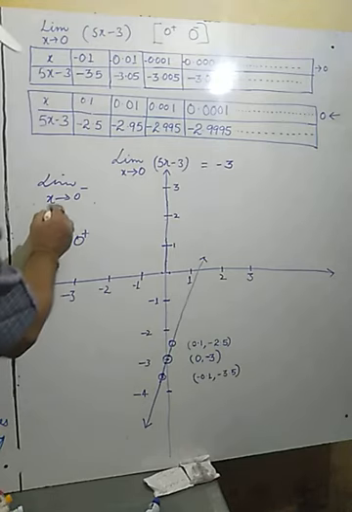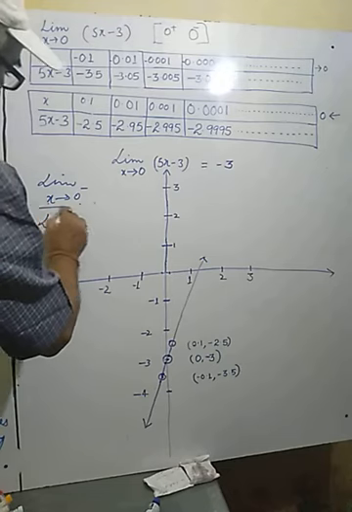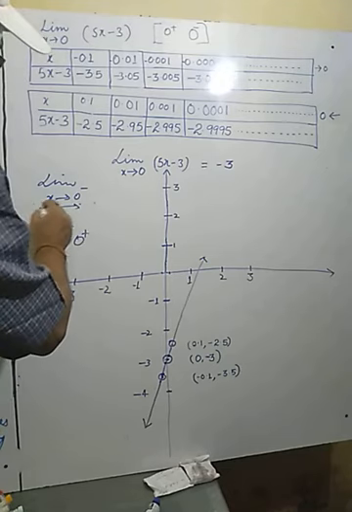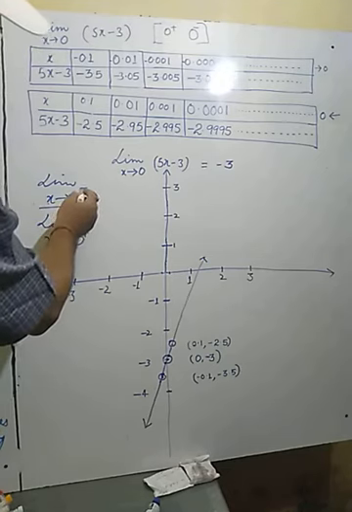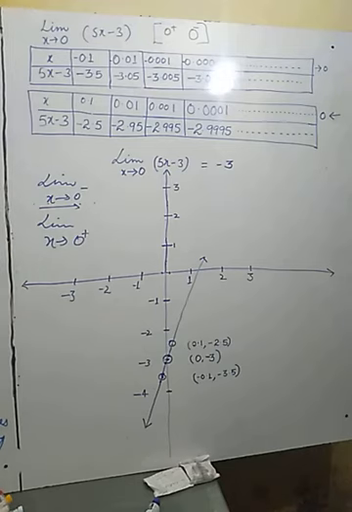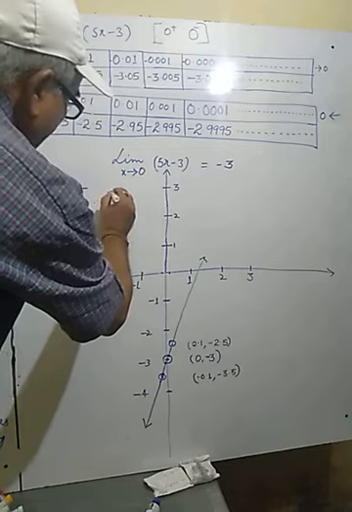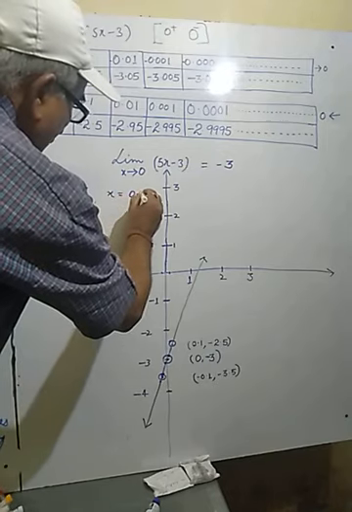So this is represented as limit x extends to 0 minus. 0 minus means a little bit less than 0. Suppose h is less than 0, so in the place of x it will be taken 0 minus h.